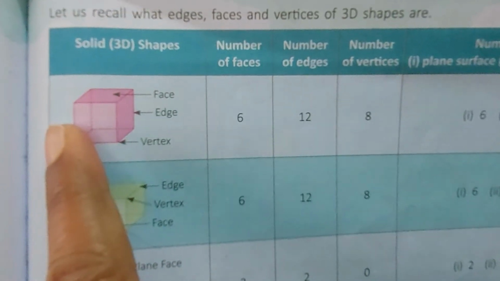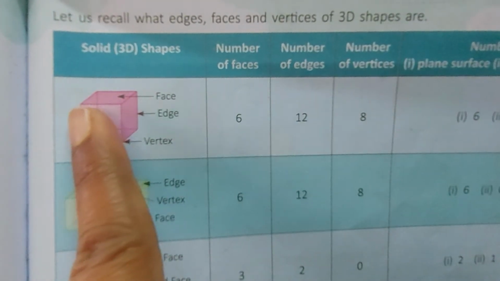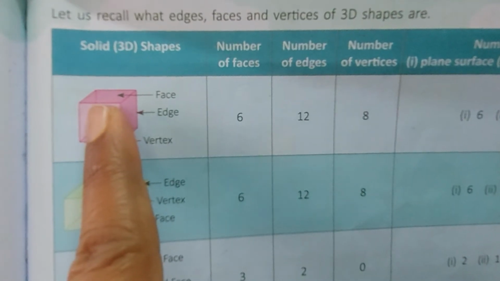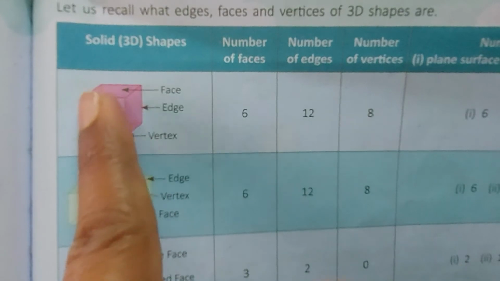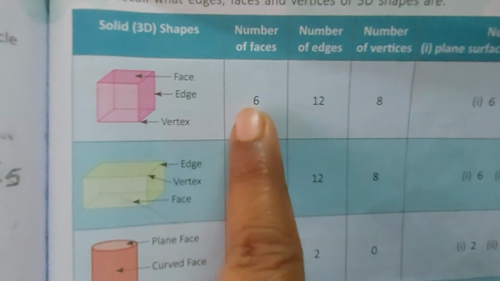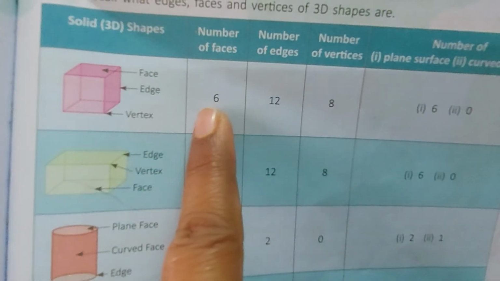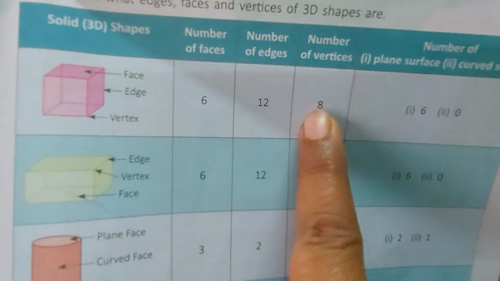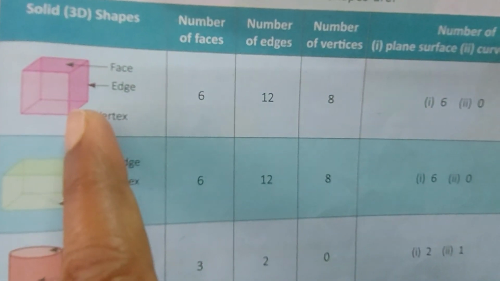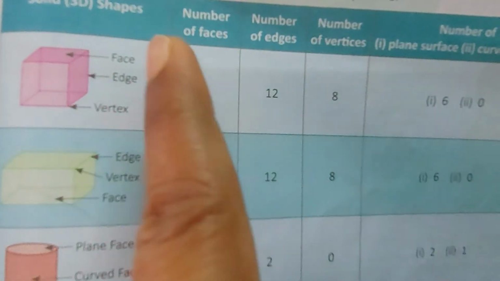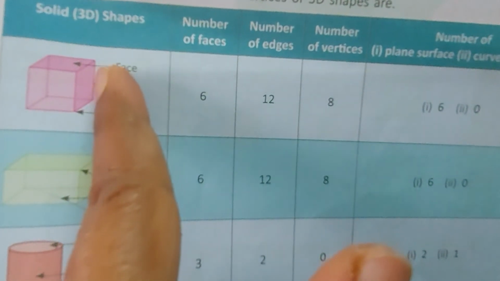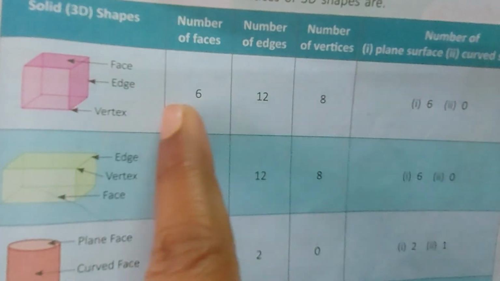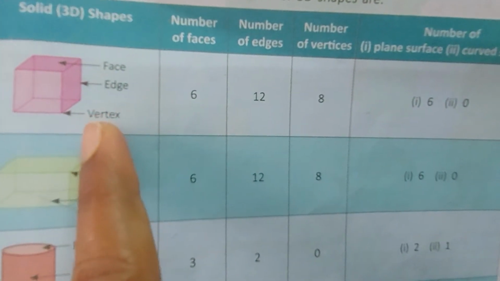We have 4 faces and one face is the front and one face is at the back of the cube, which is opposite to this front face. So the number of faces is 6 and the number of corners is 8. Edges are these. We have a total number of edges, that is 12.